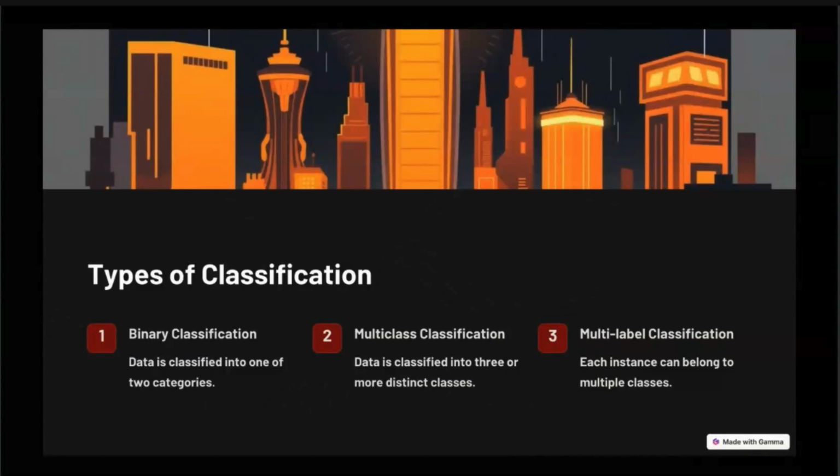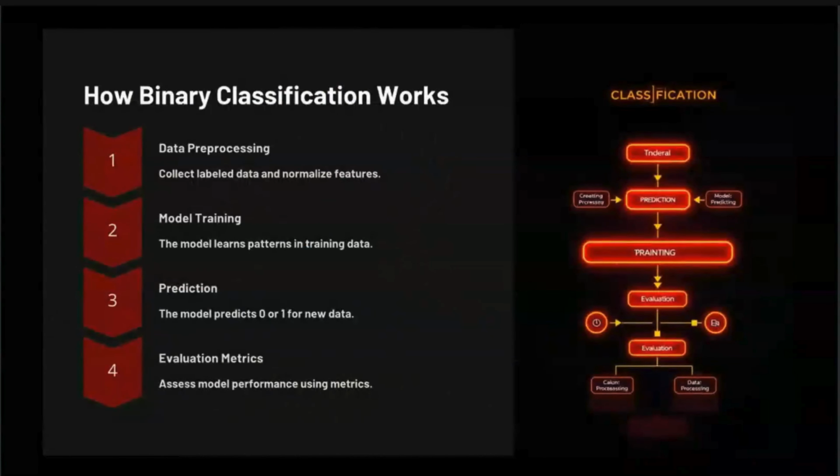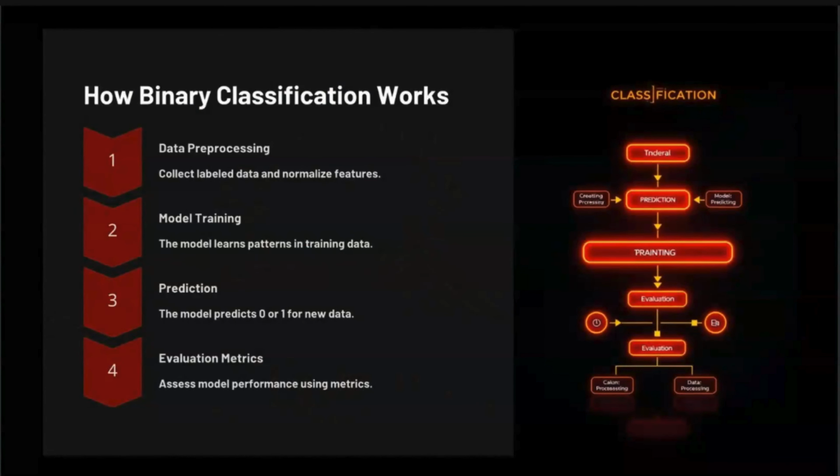So how does binary classification work? First, data preprocessing. We collect the labeled data, meaning categorical data, and normalize the features.